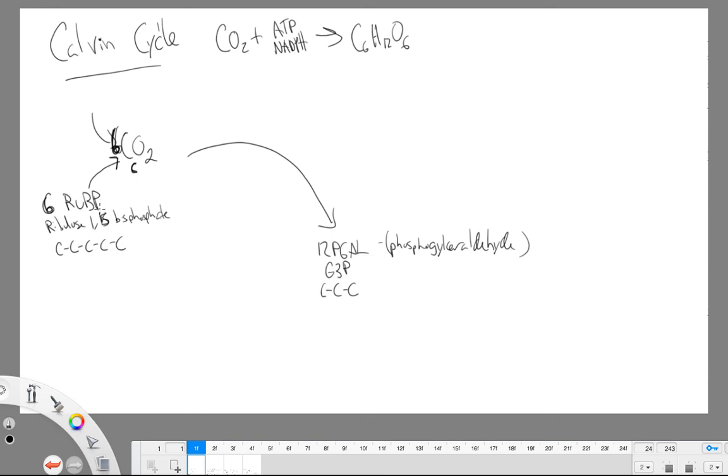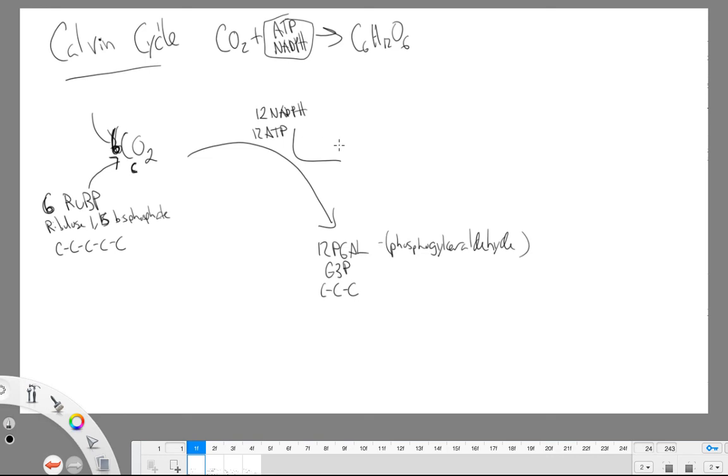Now for this to occur, for our carbon dioxide and our RuBP to combine, it's going to take energy, and that is where our ATP and NADPH come into play. So through this process, we're going to need 12 NADPHs and 12 ATPs, right?